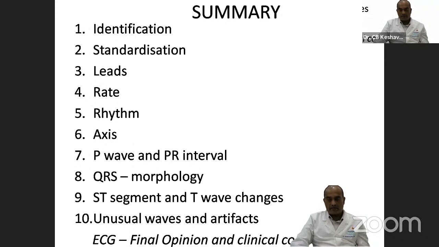Identification, standardization, whether leads are placed properly, rate, rhythm, axis, which we discussed, P wave and PR interval, QRS morphology, ST segment and T wave changes. If you see anything unusual, some unusual waves, and you are able to distinguish whether they are artifacts, that will help you to interpret the ECG. Finally, one word of caution: always interpret the ECG along with the patient. When you see only the ECG, you are likely to make mistakes.